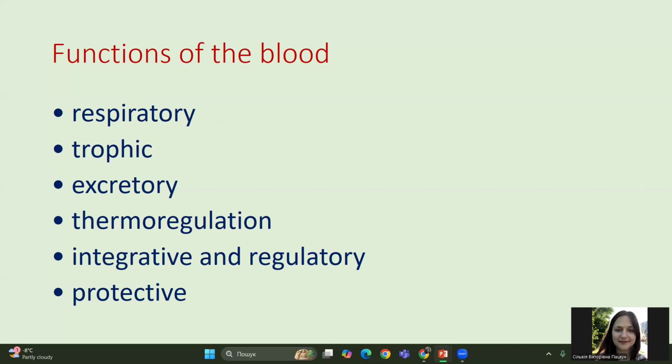Integrative and regulatory: many humoral substances are activated in the blood, and blood also transports many humoral factors. Protective function is provided mainly by the leukocytes, which provide immune response.